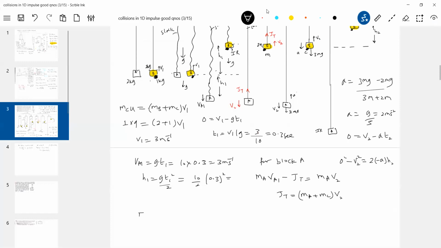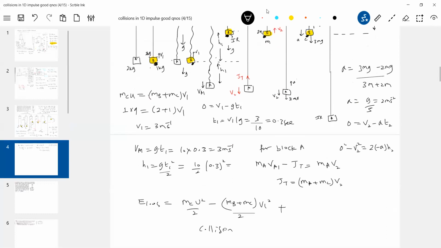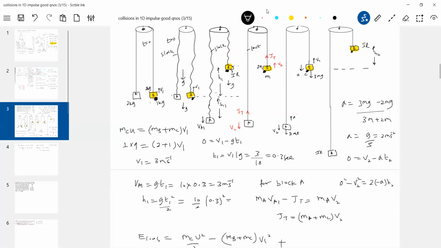E loss, I'll write this one. This should be equal to MC u square by 2 minus (MB plus MC) by 2 V1 square. This is due to what? Due to collision. Again, next, again, the string has suddenly become taut from slack.